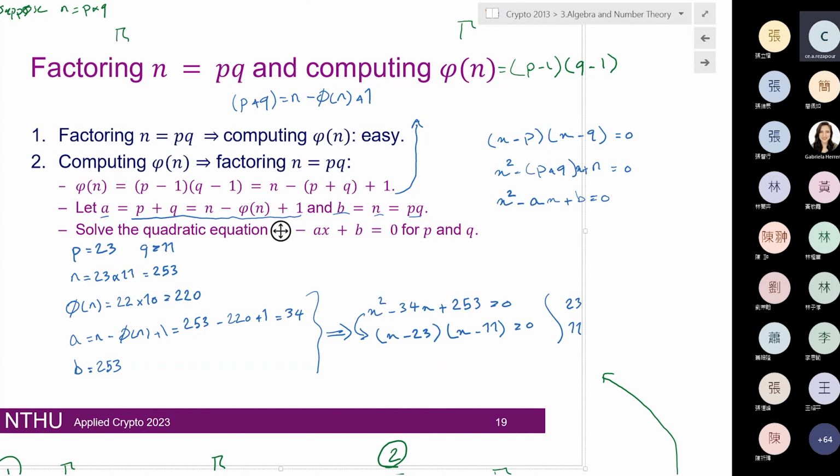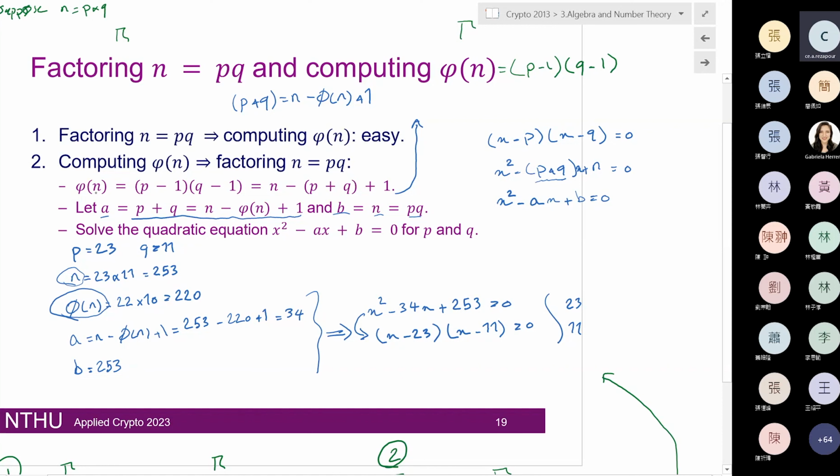It is basically only playing with the equation, the things that we have and the things that we don't have. All I have is n and phi of n. But in order to solve this equation, I need to find p plus q. So we need to be smart. I don't know p, I don't know q.